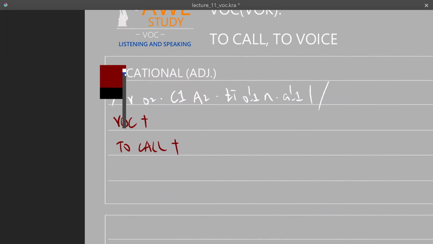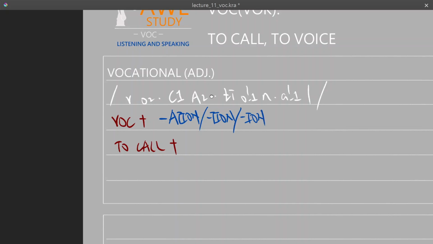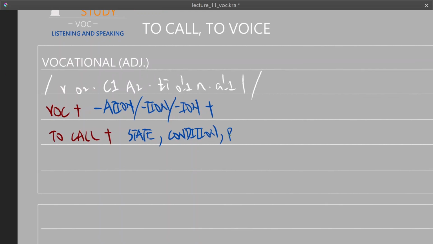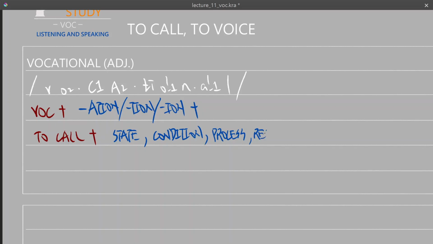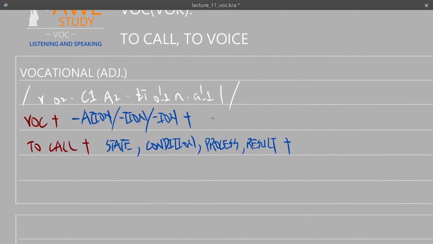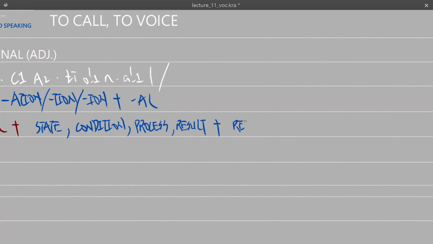And we have the noun suffix ation, or tion or ion, meaning state, condition, process, or result. And lastly, we have al as an adjective suffix relating to something.